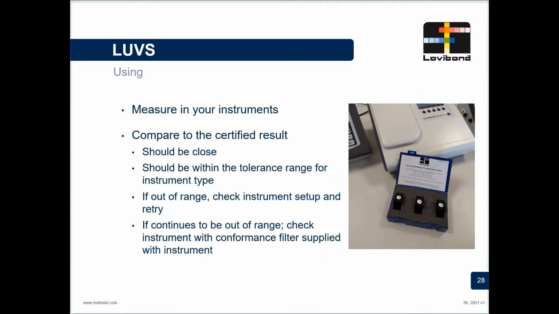So we should have some data about how our instrument is performing with its own conformance filter. And if we still have a problem with that, then we've probably got some sort of issue with that particular instrument or instrument type. So we may need to get that instrument serviced or cleaned. So that gives us a good idea of how well our instrument is performing.